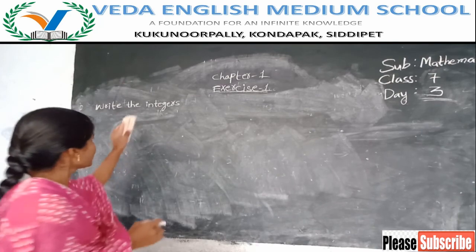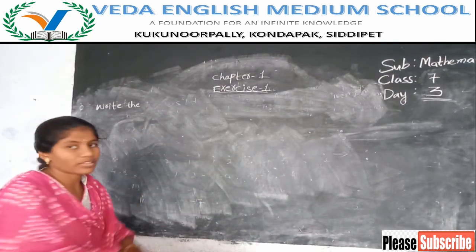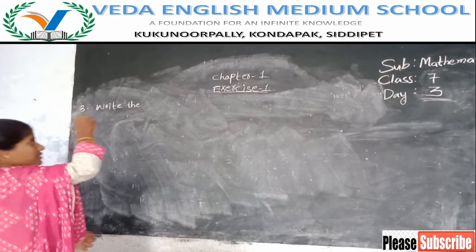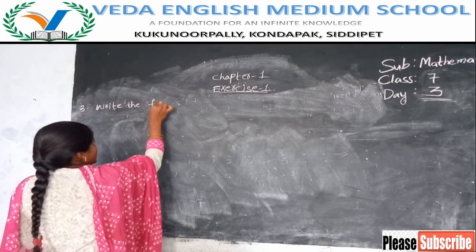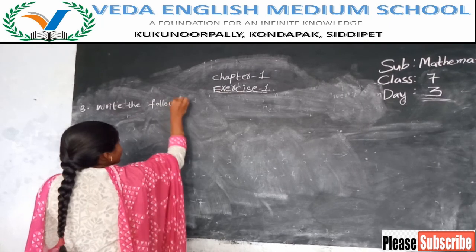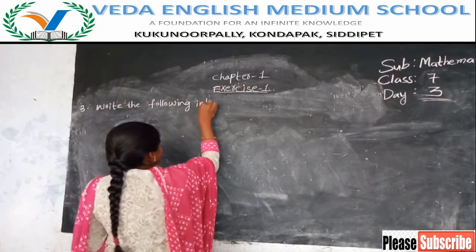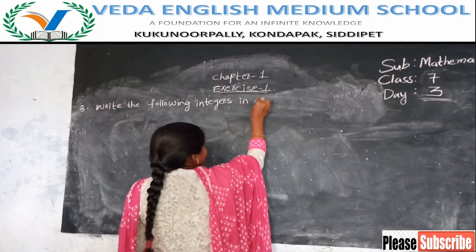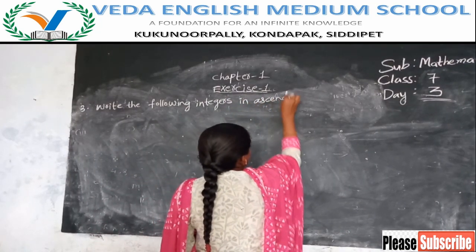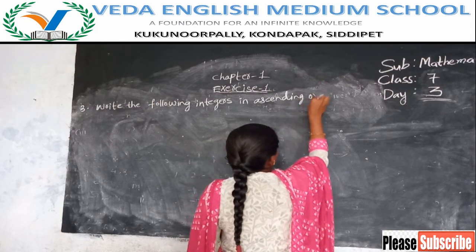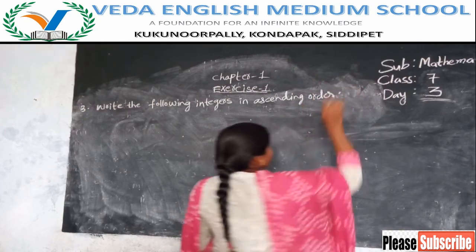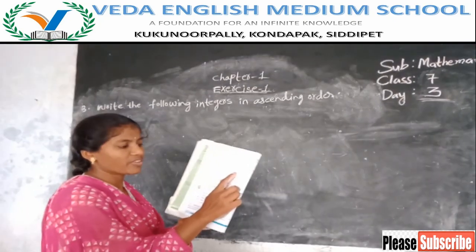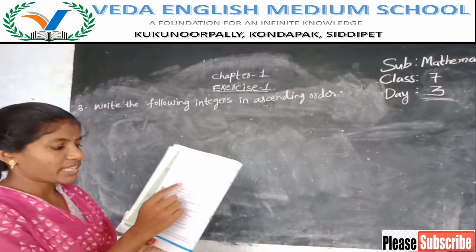Ascending order means the arrangement of numbers from smaller to greater is known as ascending order. Now they have given in your textbook, smallest to biggest. Now first question.